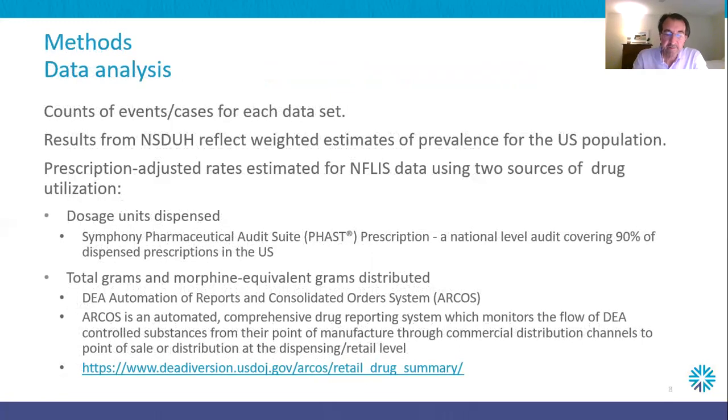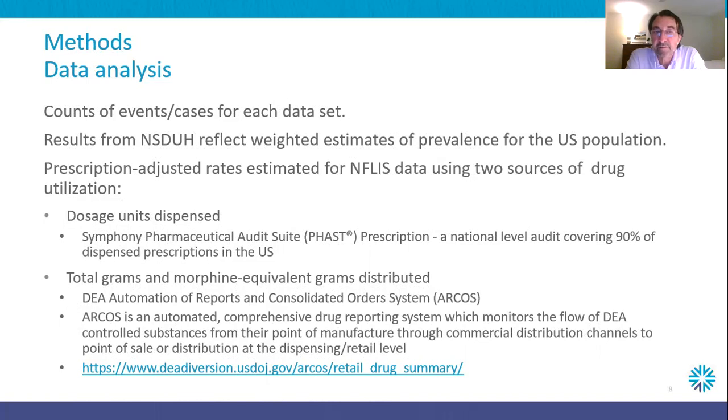For data analysis, we looked at counts of events and numbers of events by year from each data set. The results from the NSDUH reflect weighted estimates of prevalence for the U.S. population. For NFLIS, we also provide prescription-adjusted rates using two sources of drug utilization.